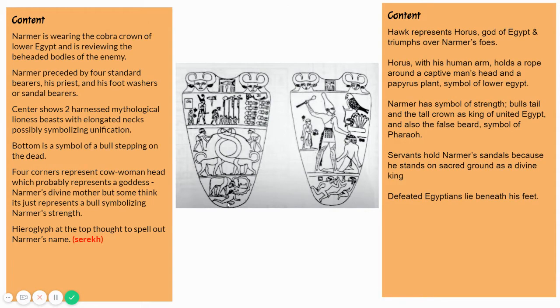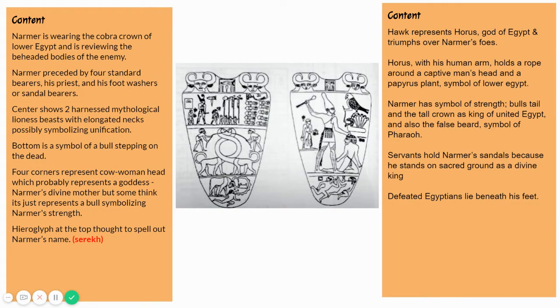And the dead will always be debased by showing them as nude. In the four corners on both sides, so 1, 2, 3, 4, we have a repeated symbol of this kind of woman with cow horns.